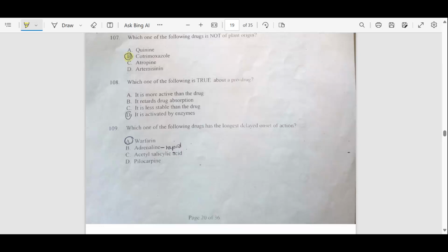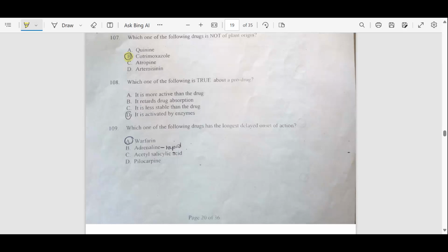We can also mention the plant origins. Atropine comes from Atropa belladonna, and quinine comes from Cinchona.